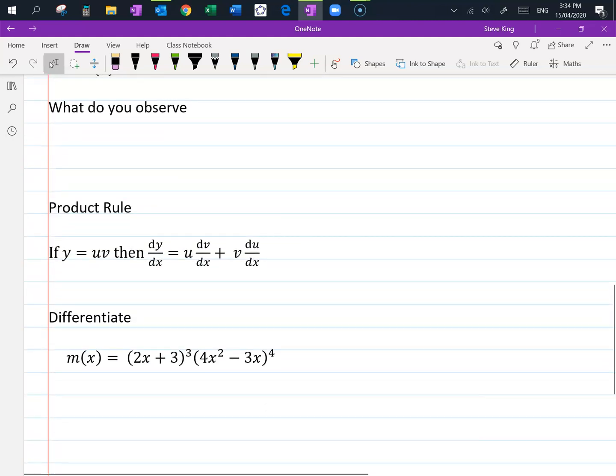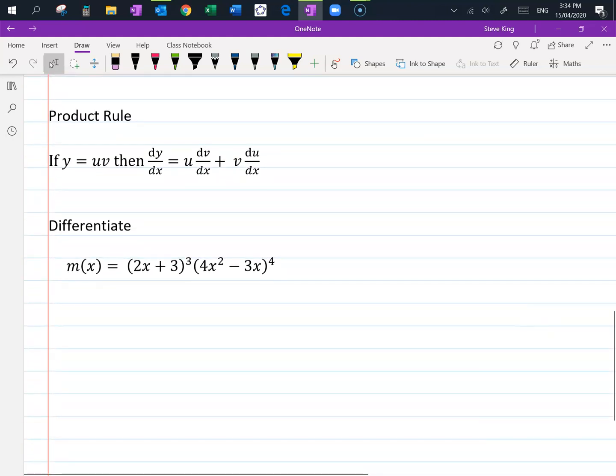I'm going to skip that example. I'm going to come back to it. This is what the product rule says. If you've got a product, two things being multiplied together, then you get the derivative of that product by leaving one of the factors as it is and deriving the second factor, multiplying the two together, and then taking the factor that you didn't derive the previous time, now deriving that and leaving the second factor by itself.